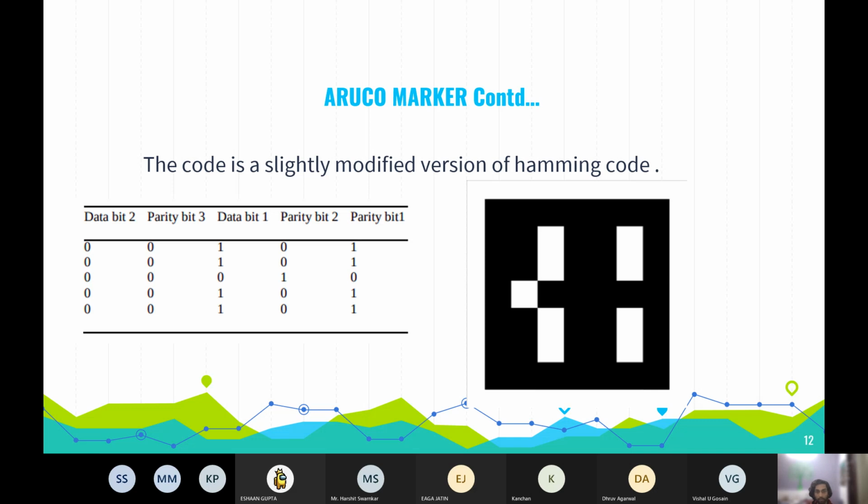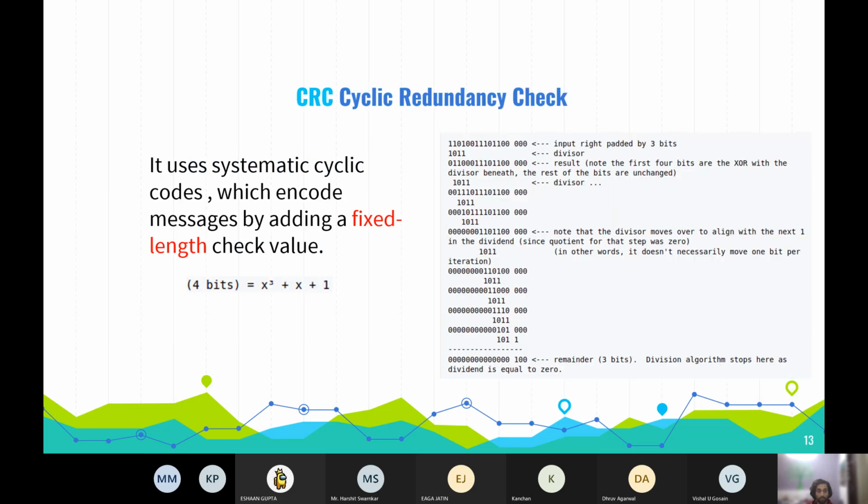So overall, the information provided by this whole Aruko marker is of 5 bits. Sorry, 10 bits. So this is used to get the information from the Aruko marker. For 10 bits we can have 1024 Aruko markers. So that's how it's used.